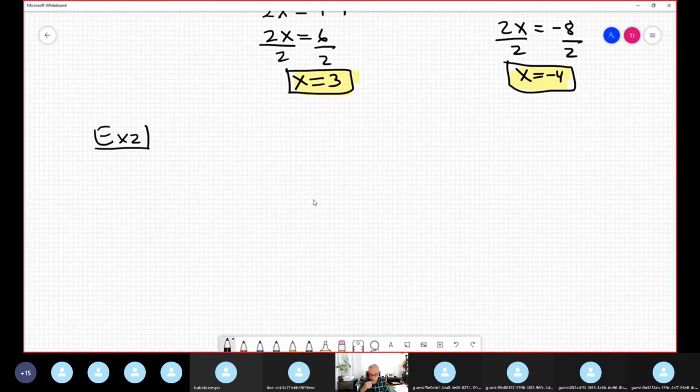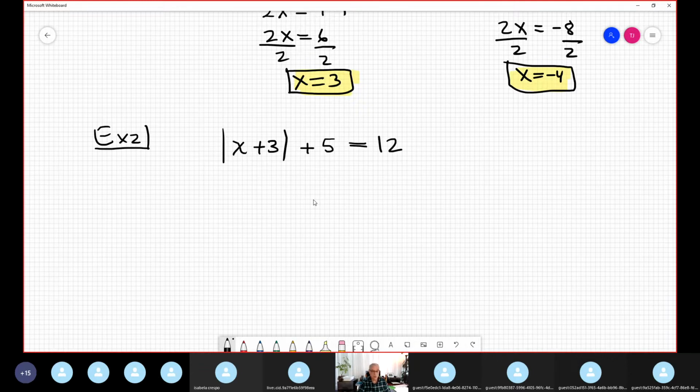Let's move on to example 2. In my opinion, it is very interesting because it brings a new situation. Suppose the absolute value of x plus 3, we are solving, guys, equations that contain absolute value. Now, what should I do? Apply the rule that you studied before? No. Why not? Because you must isolate first. So the first step: you have an equation that contains absolute value, you isolate the expression that contains the absolute value, totally alone, 12 minus 5 is 7.